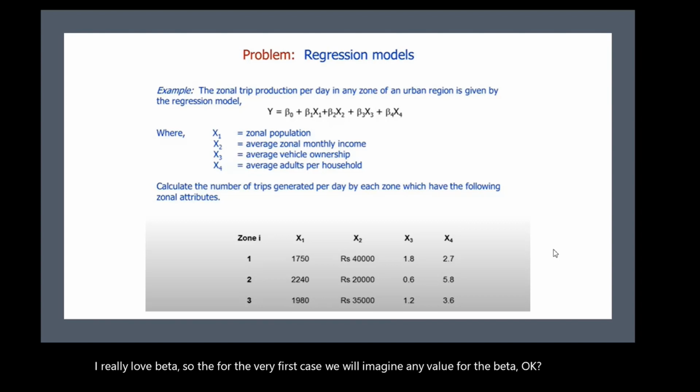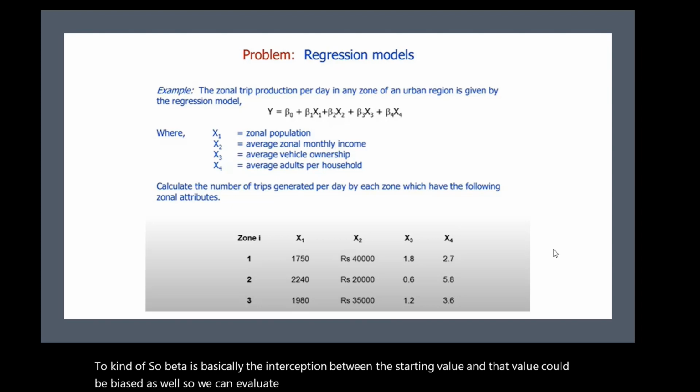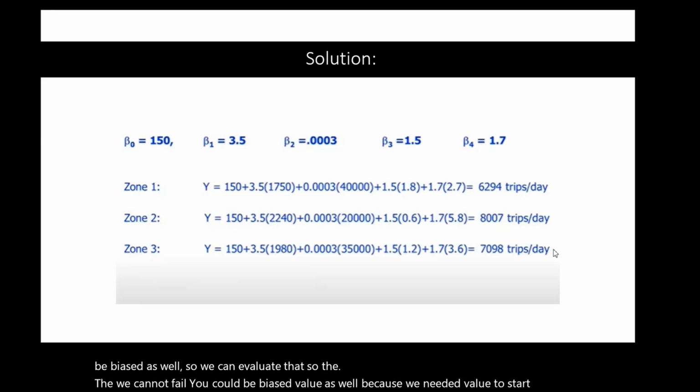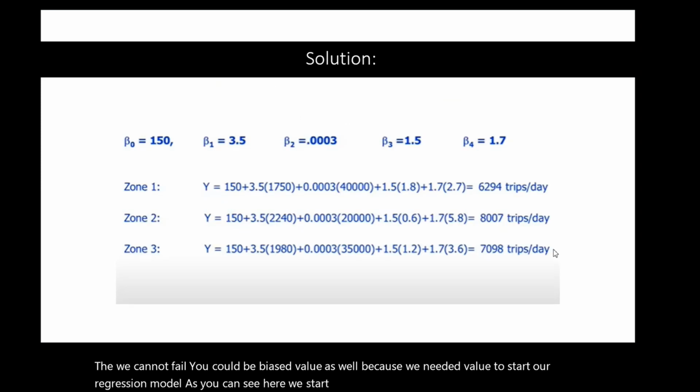Okay, beta naught is basically the intercept, the starting value, and that value could be biased as well. So the beta naught value could be a biased value, because we need a value to start our regression model. As you can see here, we suppose that our beta naught is 150 while B1 is 3.5.